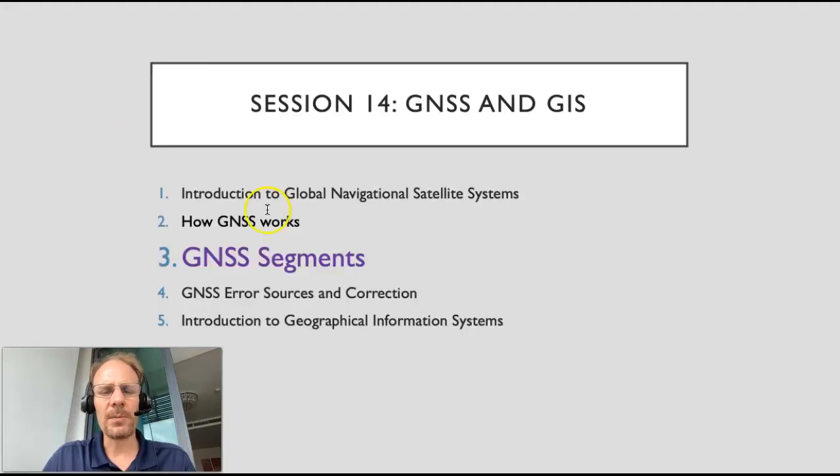We talked previously about GNSS and a little bit about how the mathematics and the science works. Now let's talk in this section on the segments, the different actual components that have to work together for a GNSS to work.